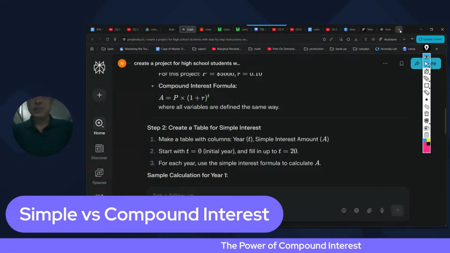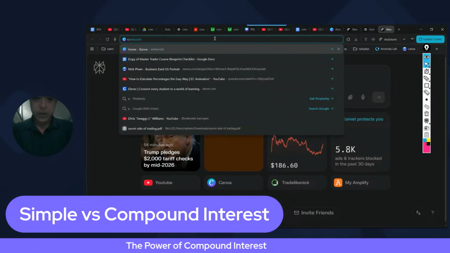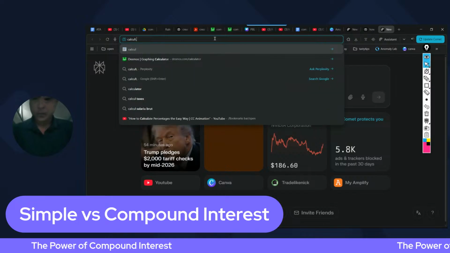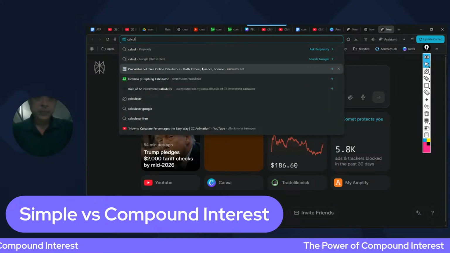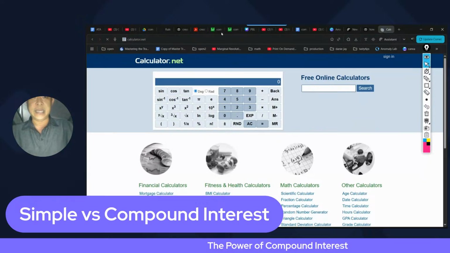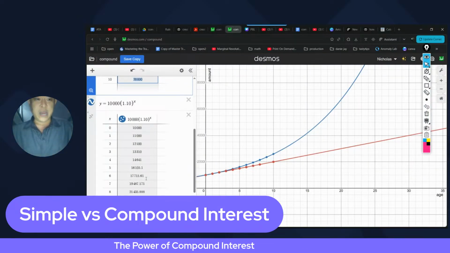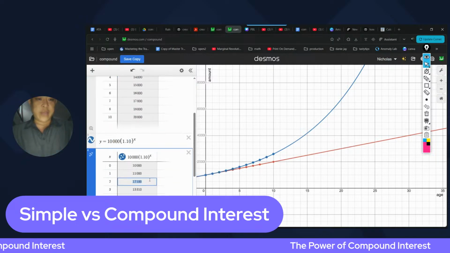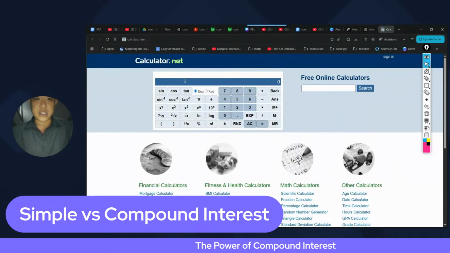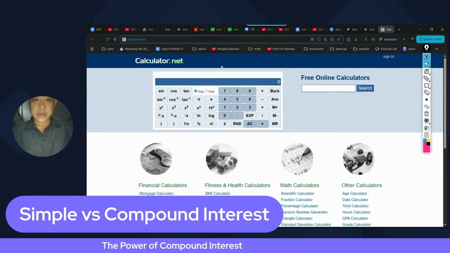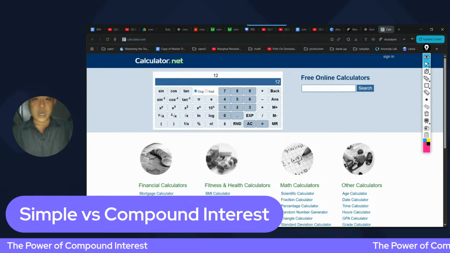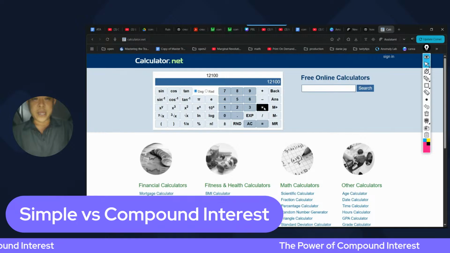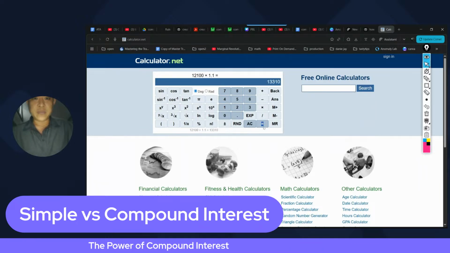So if I just pull up a calculator here, just so that you guys can see the math. You could just say, okay, well, if I go 12,100, multiply that by 1.1, we're growing it by 10%, equals 13,310.